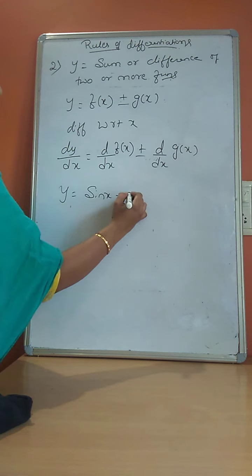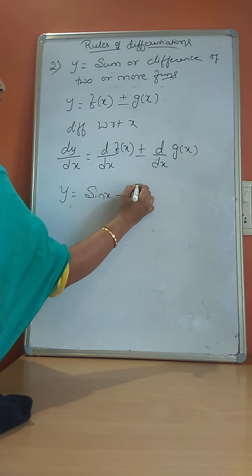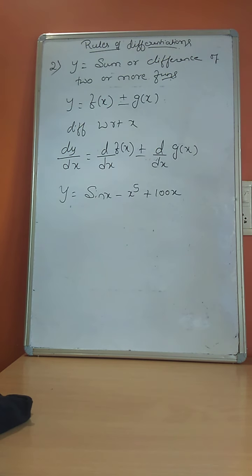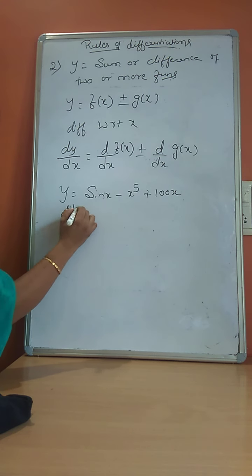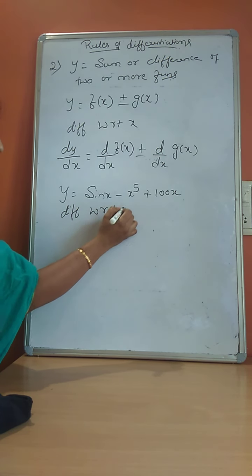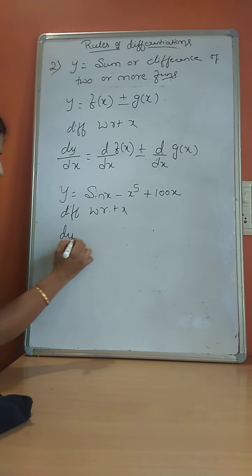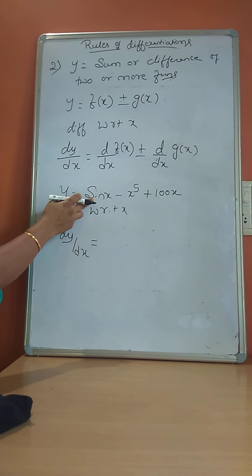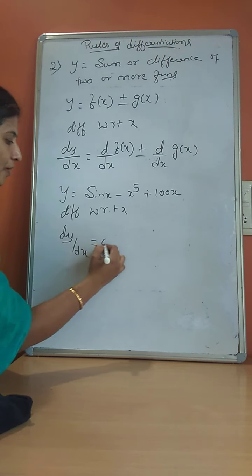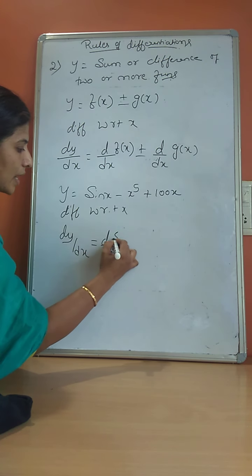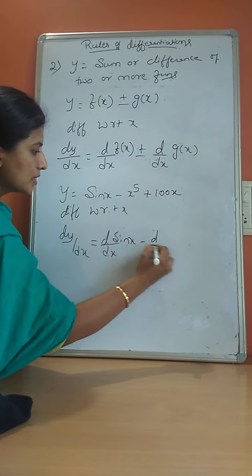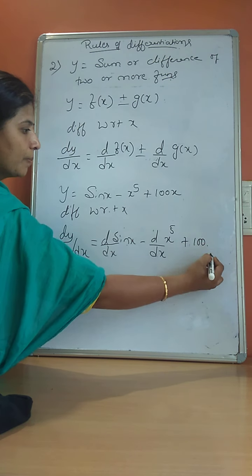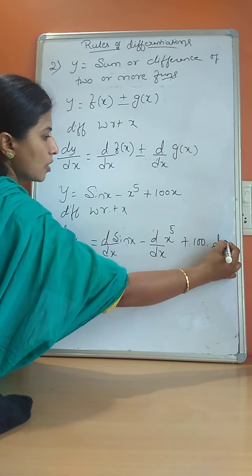Suppose y is equal to sin x minus x to the power of 5 plus 100x. Differentiate with respect to x. dy by dx is equal to the differentiation of sin x, which is cos x, minus d by dx of x to the power of 5, plus 100 is the constant, keep as it is, d by dx of x.